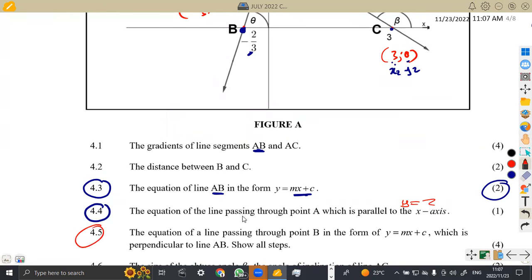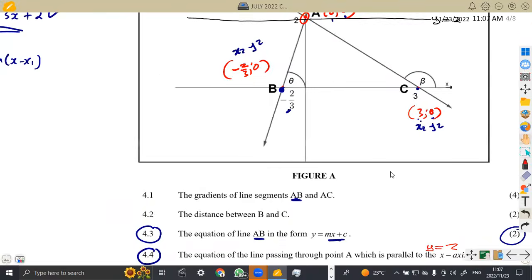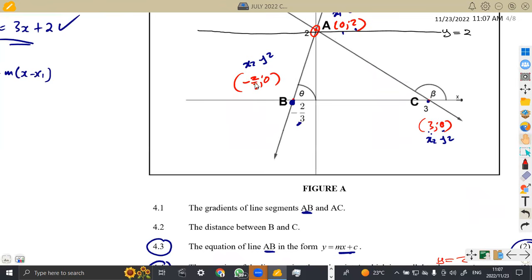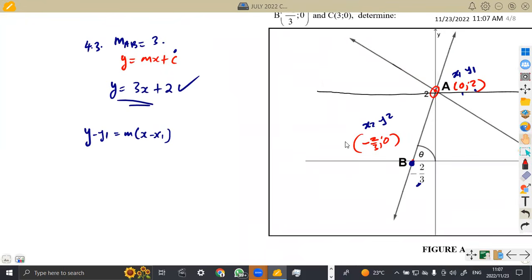4.5, the equation of the line passing through B in the form of y is equal to mx plus c, which is perpendicular to AB, show all steps. So this time, this one is going to pass through B. Remember point B is minus 2 over 3. So let's just write this aside.